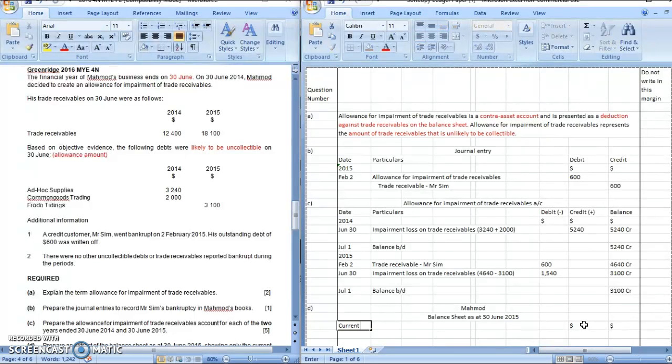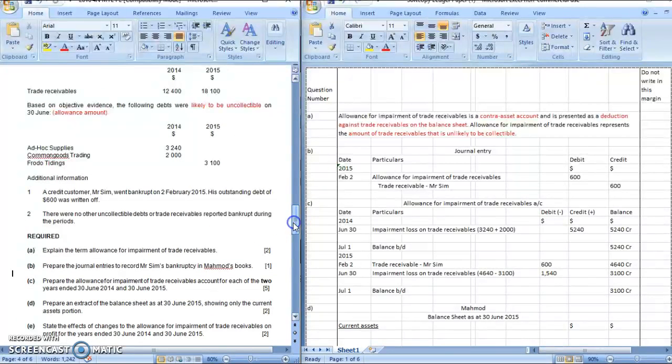And we will have the current assets portion, as that's what's required by the question. So we only need to focus on the second set of information, because the question asks to prepare the balance sheet as at 30th of June 2015.